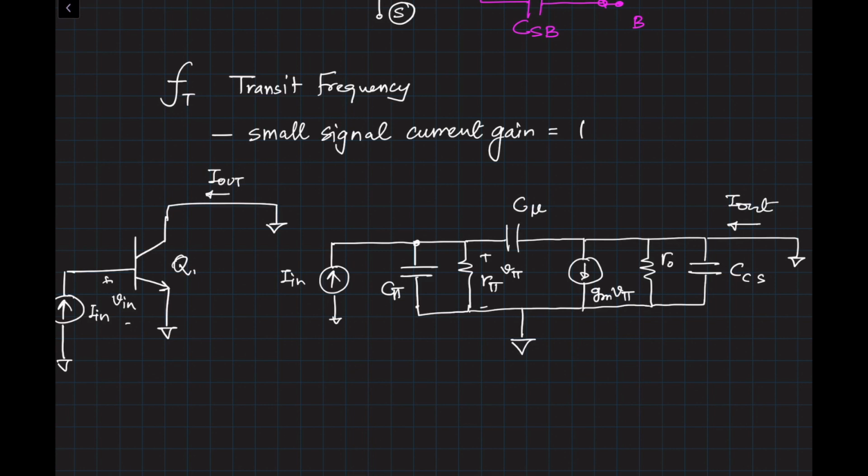What we are trying to figure out is finally an expression for Iout divided by Iin. It will look a little bit tedious, but it's not that bad. It's important that you go through some practice on your own, so you can pause the video right here and do the analysis by yourself.